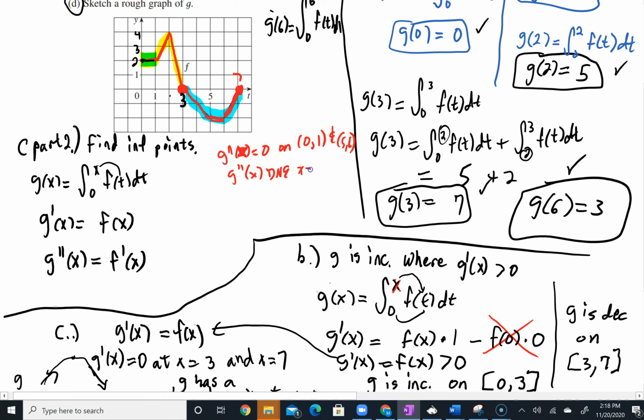So that's at x equals 1, x equals 2, x equals 3, x equals 5, x equals 6. Holy smoke. There are plentiful places where, because of corners, G double prime, which is f prime, wouldn't exist.